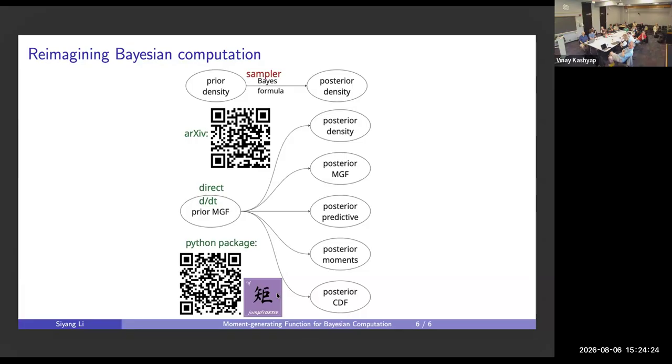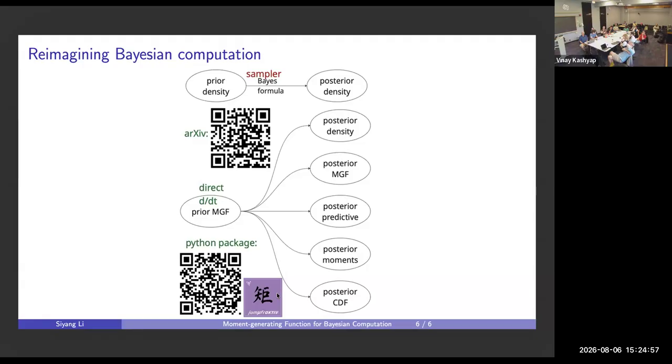And the posterior MGF is the ratio of the prior MGF to the same order of derivative, but evaluated at different points. Which means that the computation is super simple for this posterior MGF. And the posterior moments are the ratio of the derivatives of the prior moments of different orders, but evaluated at the same point.